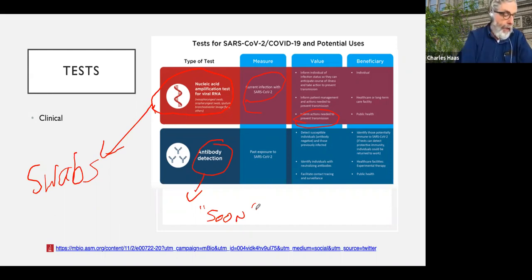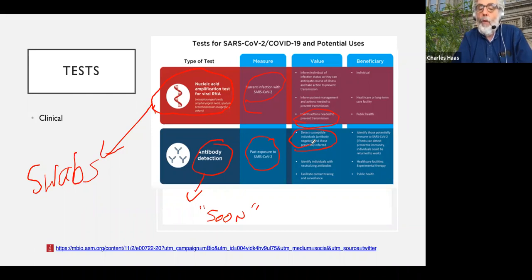So it's an indicator of past exposure. The value of it, presumably, is to detect susceptible individuals who are antibody negative.